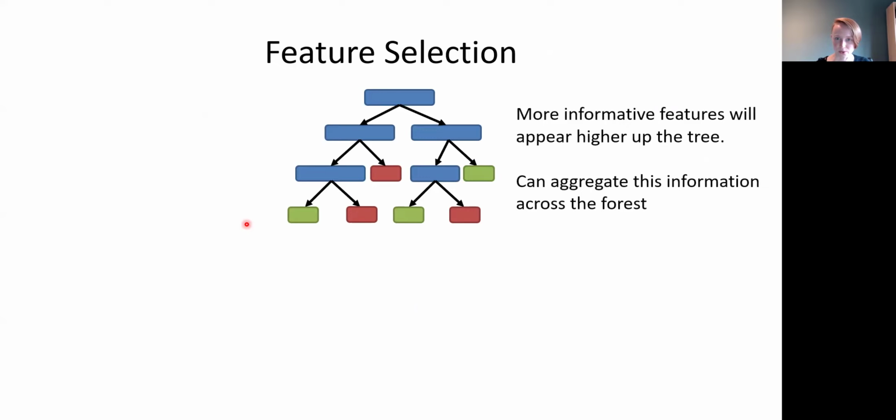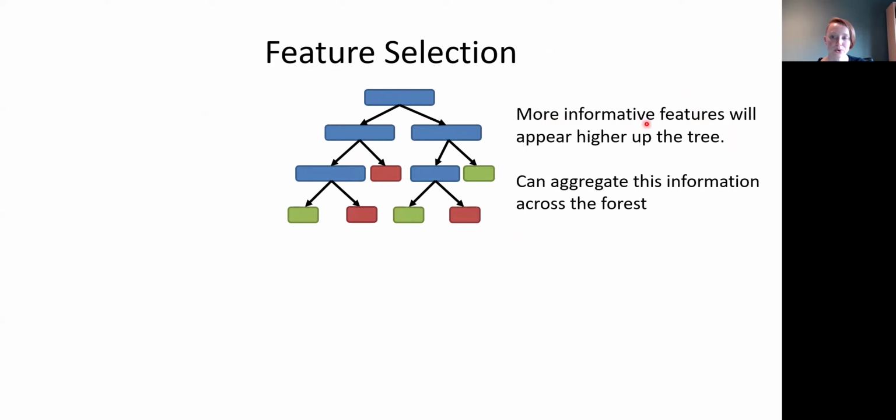So another note on feature selection. When we're building these random forests, because we have so many different trees and different randomized elements on where our variables can fall, we can also use this information to pull out more details about what is important within our predictors.